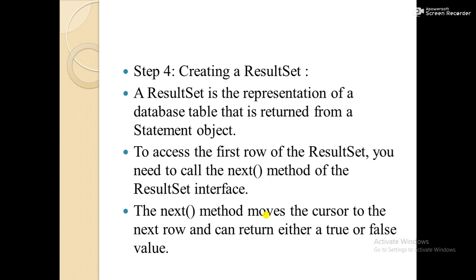That is the result set. To access the first row of the result set, we need to call the next method of the ResultSet interface. The next method moves the cursor to the next row, and returns either true or false: false if it is not present, and true if it is present.